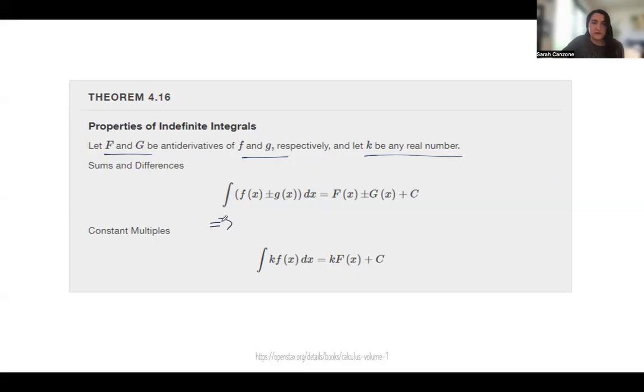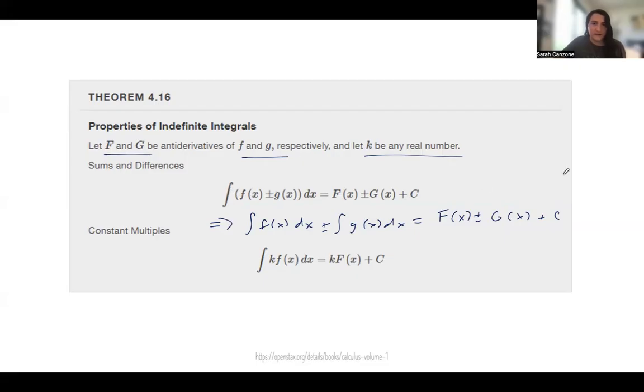This implies, so an arrow like this means implies, the integral of f of x dx plus or minus the integral of g of x dx equals capital F of x plus or minus capital G of x plus c. So you can also break it up like this if you'd like. So you can break up an integral with pluses or minuses.